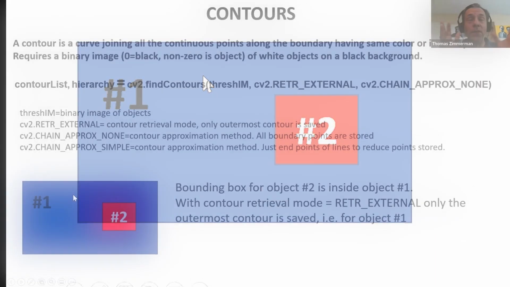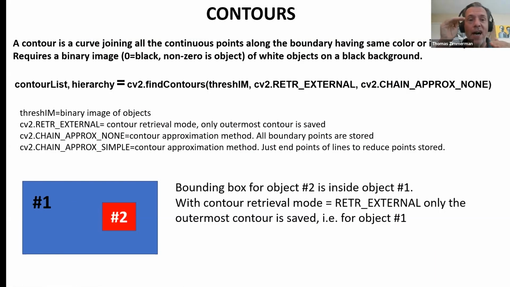And so findContours is smart enough, it can give you a hierarchy and say, oh, object number 2 is inside number 1. We don't have to deal with that complexity, but for full disclosure, findContours will do that for you. It'll give you a hierarchy of objects in objects.